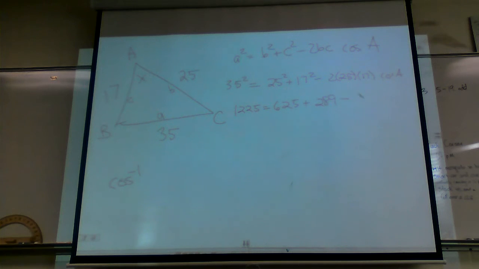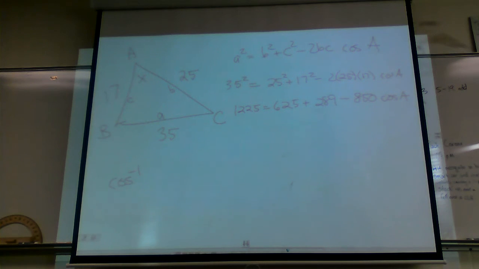All right, and then here's what you need to do. This all needs to be multiplied together, and the cosine A will stay at the end of it. So 50 times 17 is 850. All right, now here's the biggest mistake with this, is people see minus 850, and what happens is when I start moving things, they think they're going to add the 850 to the other side.